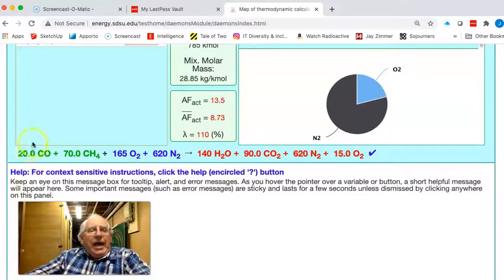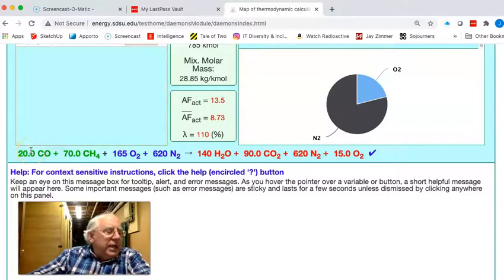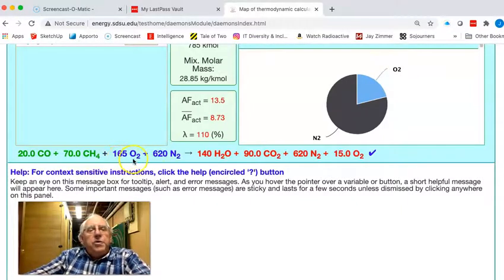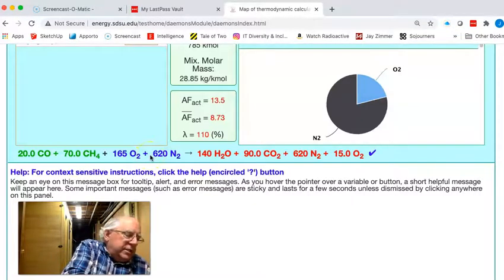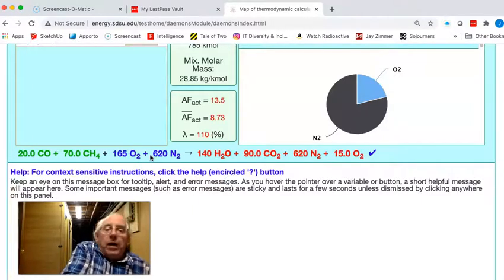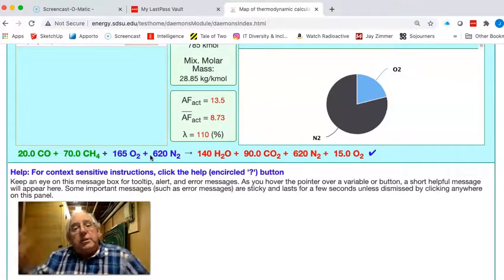in order to add 5% oxygen and 5% nitrogen, all I have to do is make this number 170 and this number 625. 165 is going to go up to 170, and 620 is going to go up to 625.